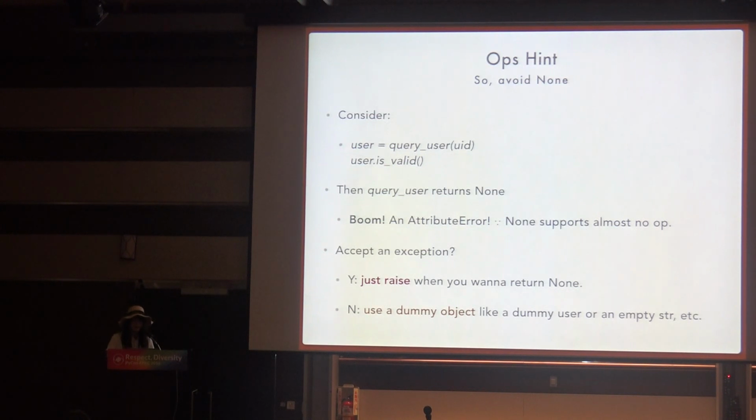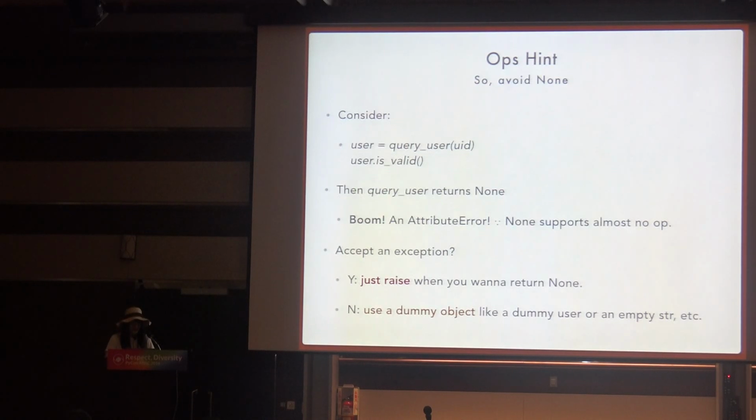Another reason in Python is you can consider the following line: user equals query_user(uid), and check if the user is valid. If query_user returns None, you will get an attribute error. So it will make it easier for your program to generate an unknown, indirect exception.